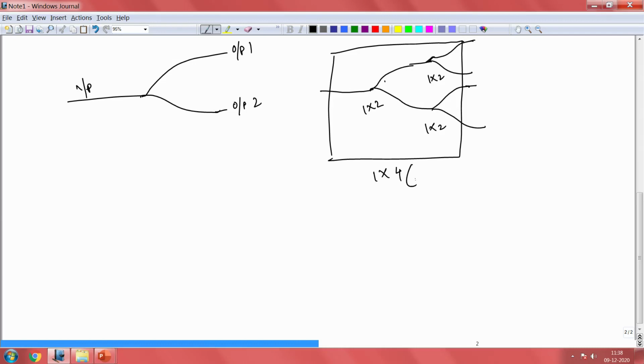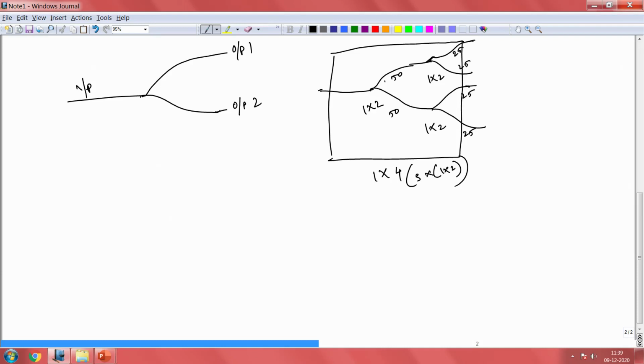That means you need 3 times 1 by 2 in order to realize a 1 by 4 splitter. So, splitters need to be added sequentially in order to increase the number of output ports. When you do that, this is 50-50, and now you will have 25, 25, 25, 25. So, now you have realized a 1 by 4 splitter, equal powers.